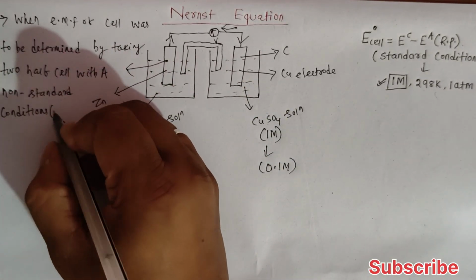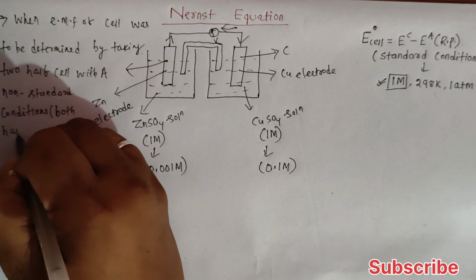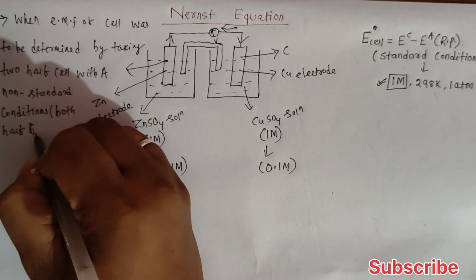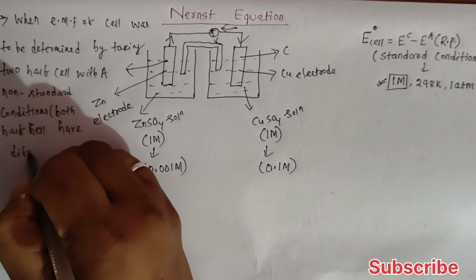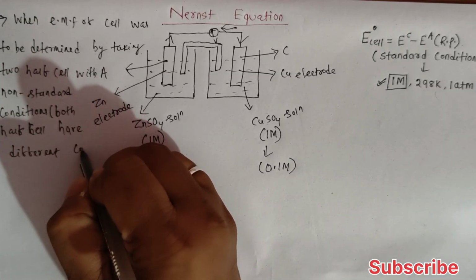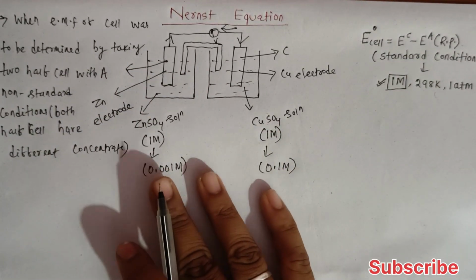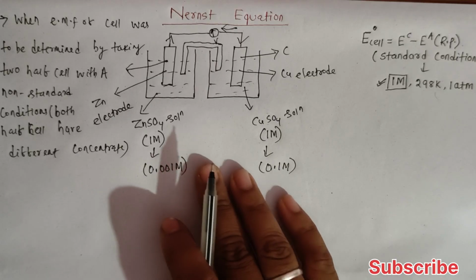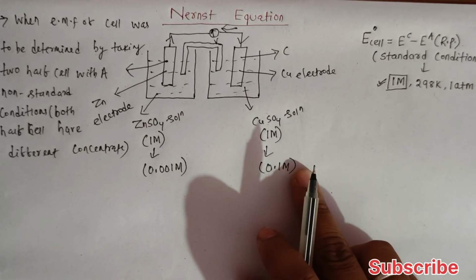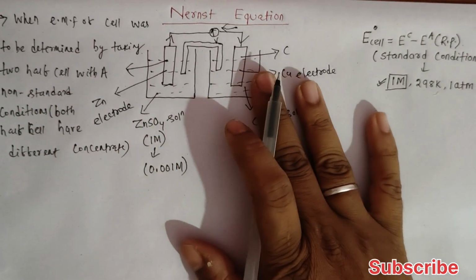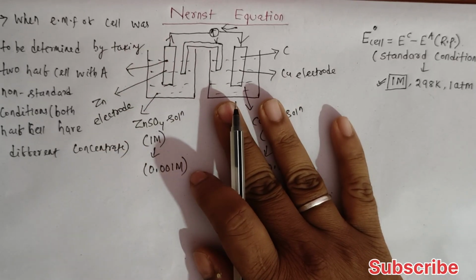So we write that in the bracket: both half cells have different concentration. As you clearly see here, we have taken an example of 0.001 M zinc sulfate solution, whereas copper sulfate has 0.1 M. So we have to use a formula here, and that formula is called the Nernst equation.